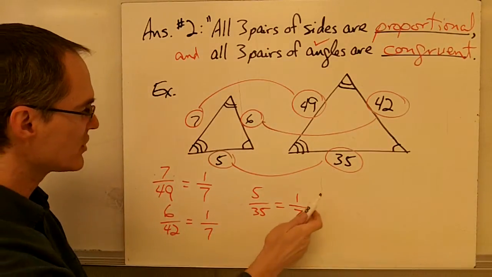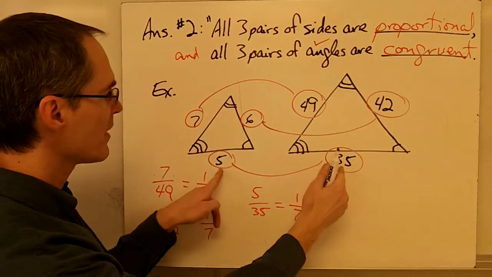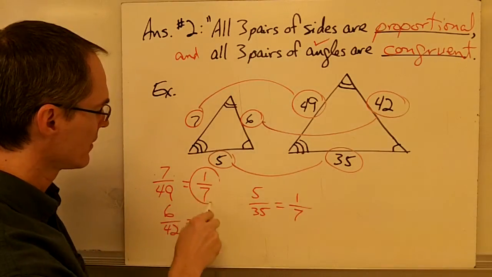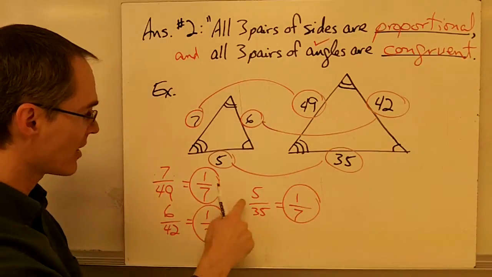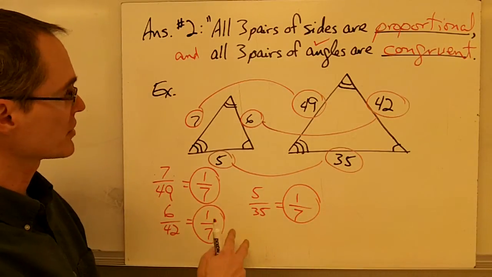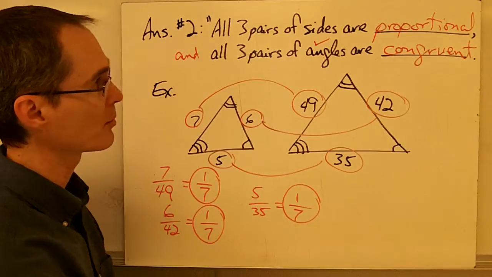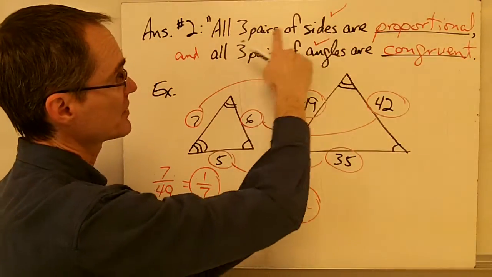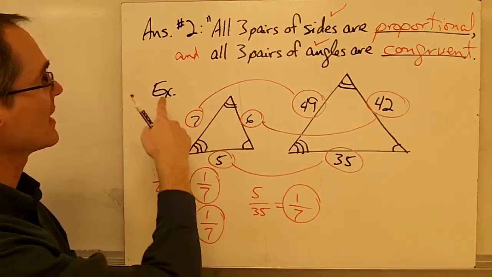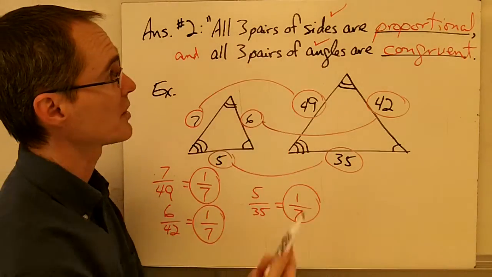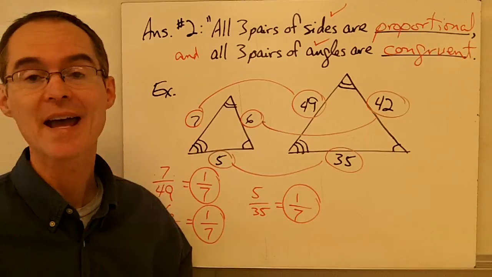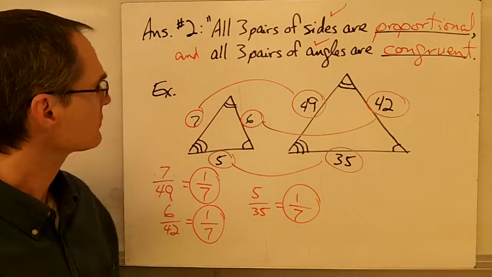And I can see that each pair of corresponding sides here, they all give me the same ratio, which means that all of these pairs of sides, all 3 pairs of sides, are proportional. So since that's true and that's true, I can say, yes, these two triangles must be similar because all 3 pairs of sides are proportional and all 3 pairs of angles are congruent.